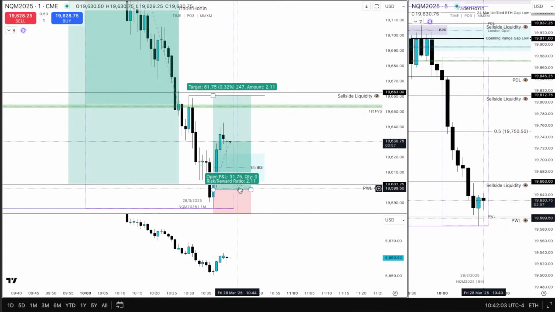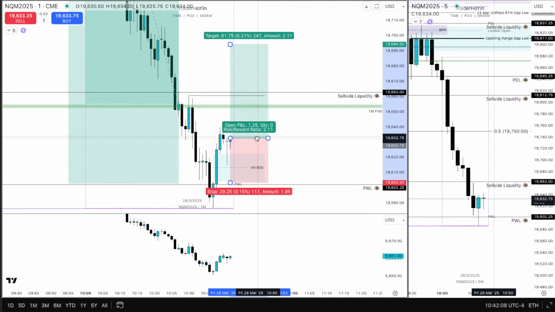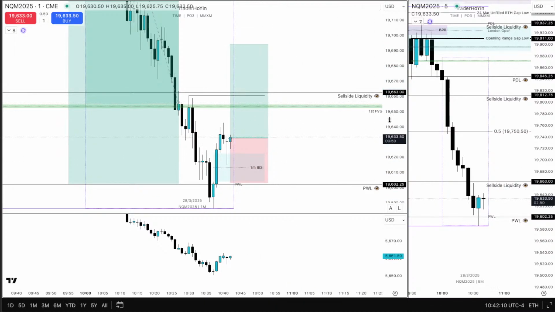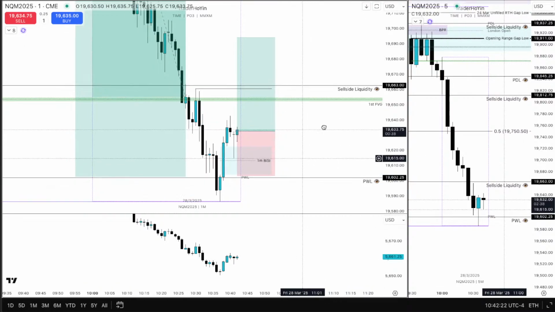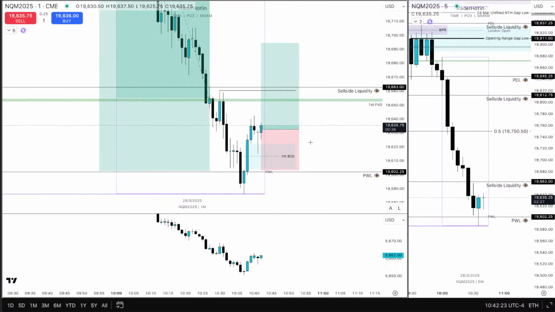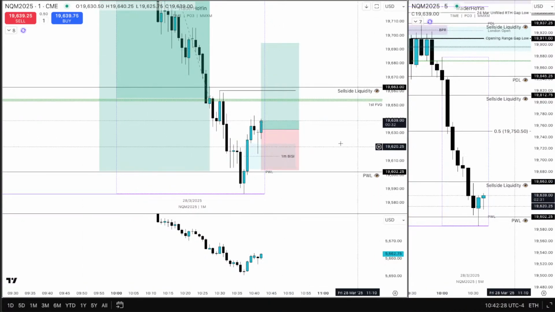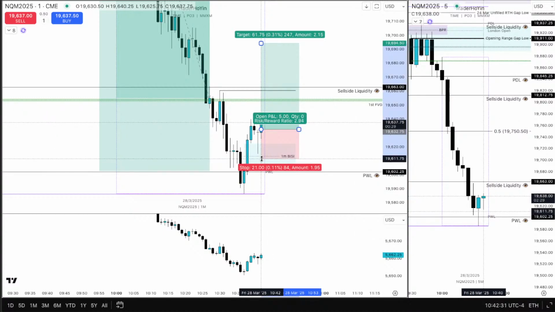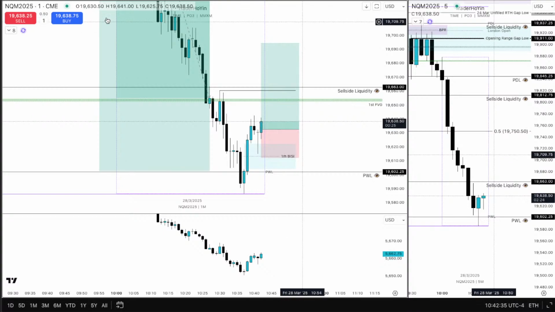Then you can long here, aiming for 2R as well. I might try this.